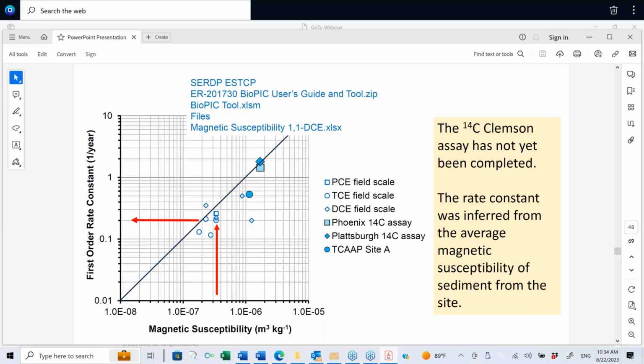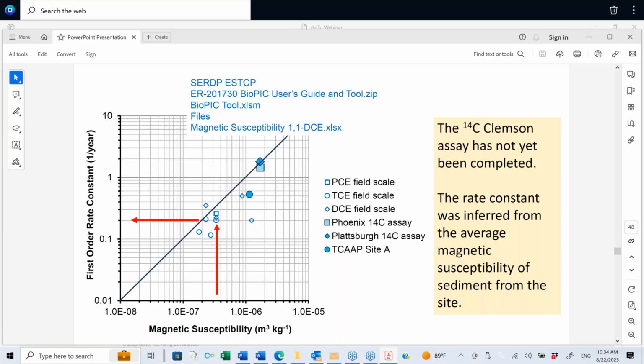We've got an ESTCP product out, ER 2017-30, that collects rate constants for degradation of PCE, TCE, and cis-DCE at a number of field sites and compares that to the magnetic susceptibility of the aquifer sediment. So those are the blue symbols that are not filled.